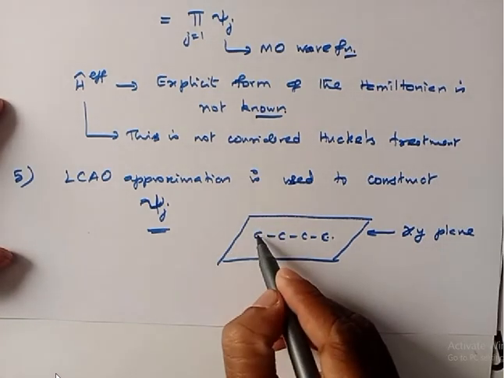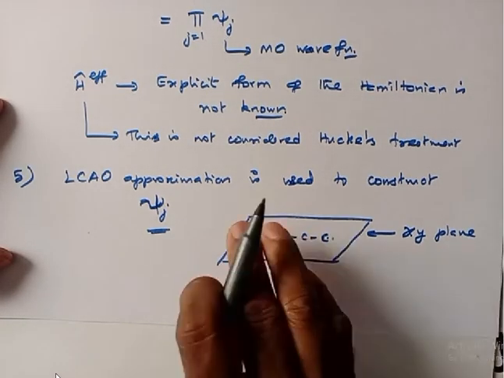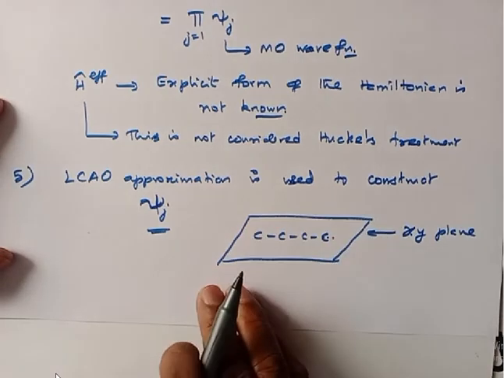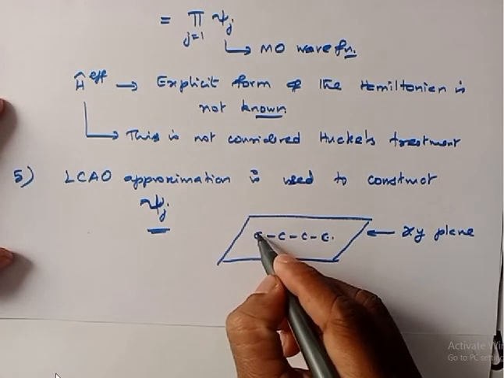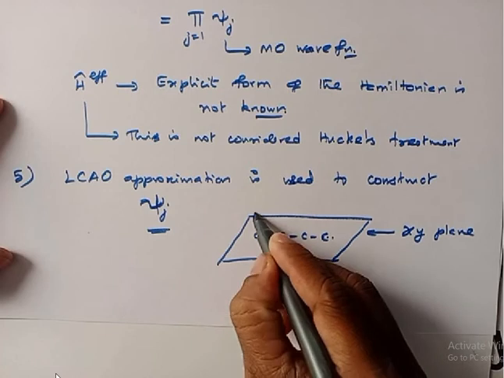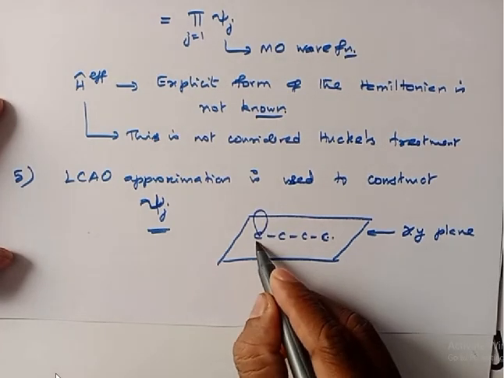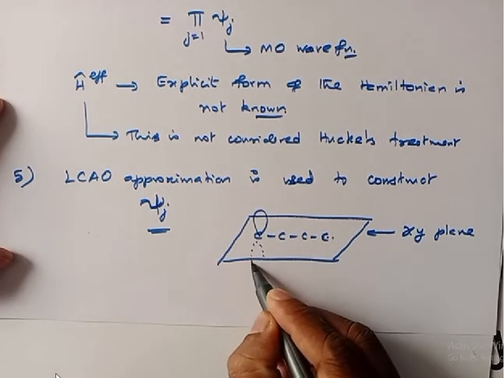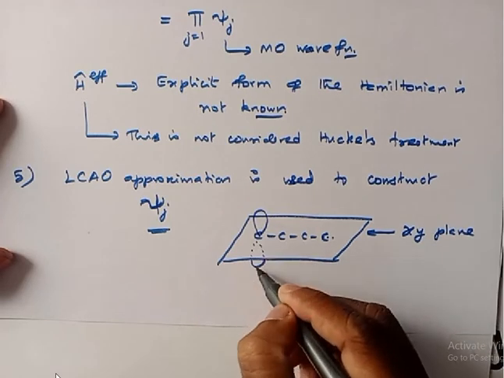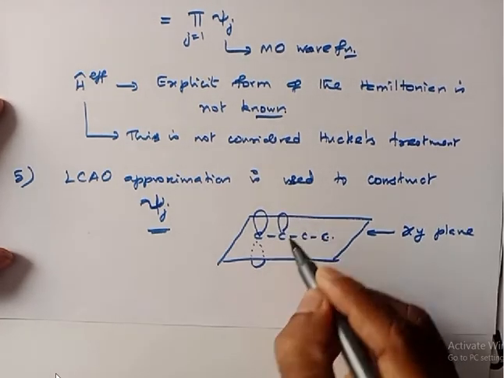And each carbon atom involved in the delocalization of pi electrons has a p orbital. This is the upper lobe and this is the downward lobe.